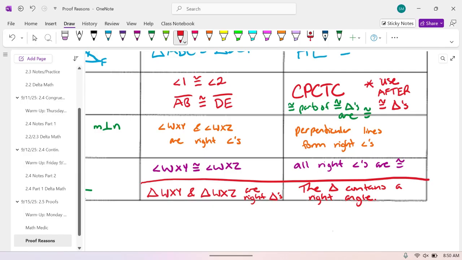So all of these are different types of reasons and statements that you may give while you're proving that two triangles are congruent. And there may be more that you use, but these are the general ones that you'll see a lot of. All right. So leave out your graphic organizer because you may want it for this next part, but take out that packet of problems that I gave you guys.